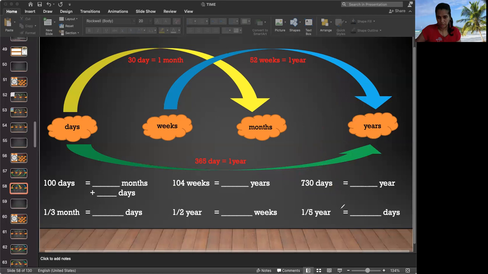Now, the last question here is, 1/5 of a year is how many days? So using the drawing method, you could draw a rectangle and say this is 365 days. This is 1 year, and I want to find 1/5 of the year. So I'm going to divide it into 5 parts, 1, 2, 3, 4, and 5.